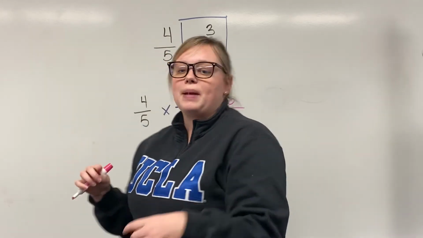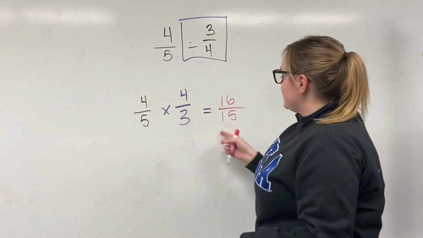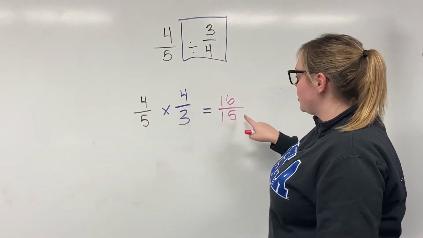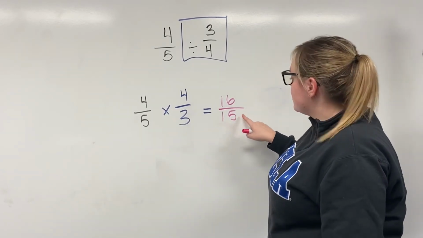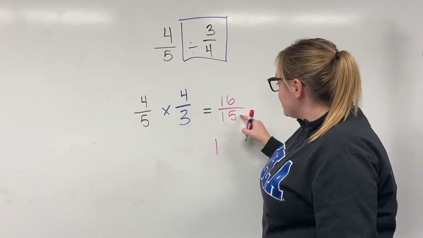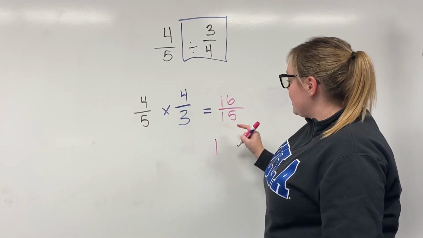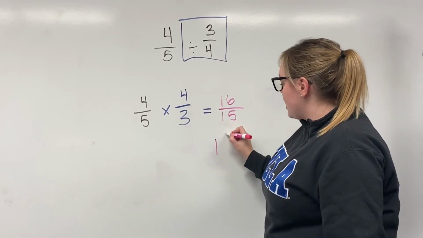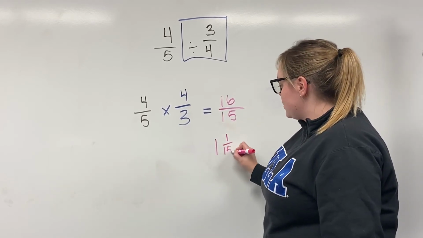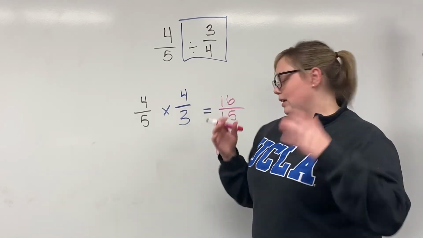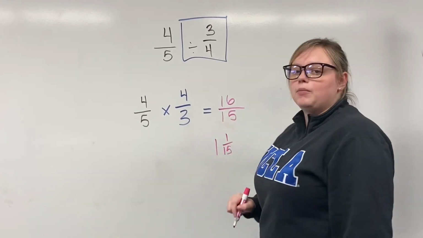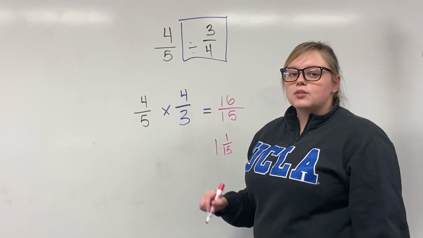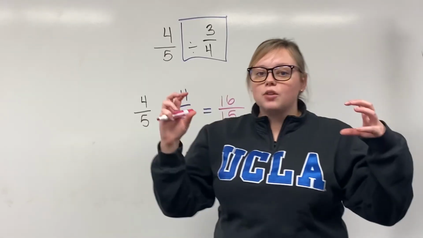So this is the same action as doing that. I have 16. Out of that 16, I want to find how much 15 is. So I know that there is one set of 15 in 16, and then if I take 15, I know that I'll have 1/15 left over. That's all it is. Now I look, can I simplify that anymore? No.